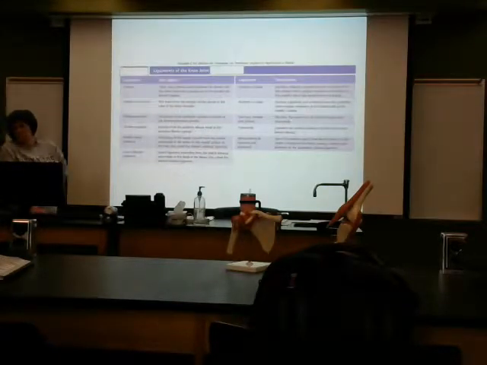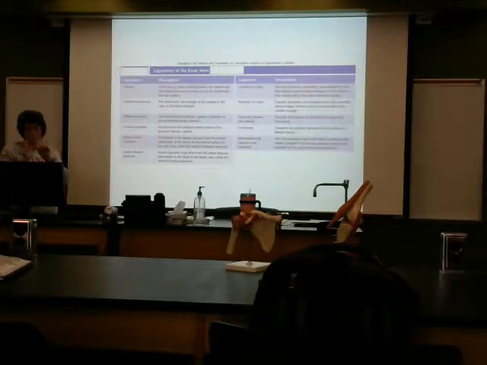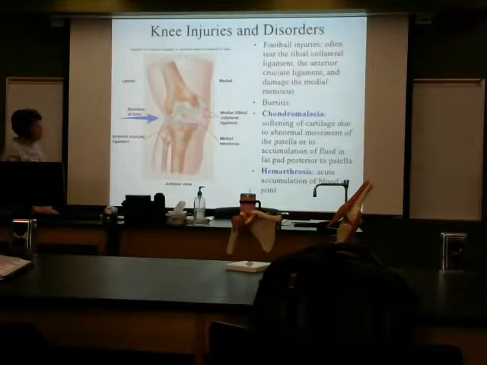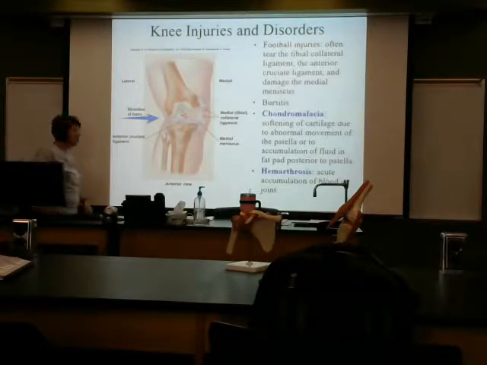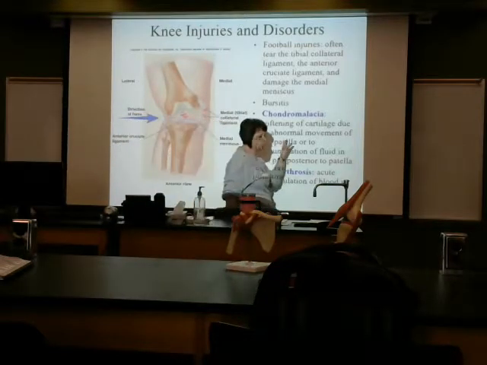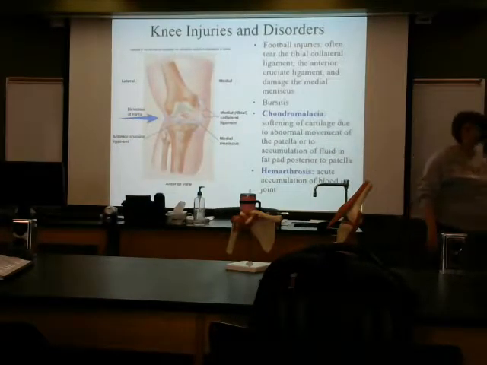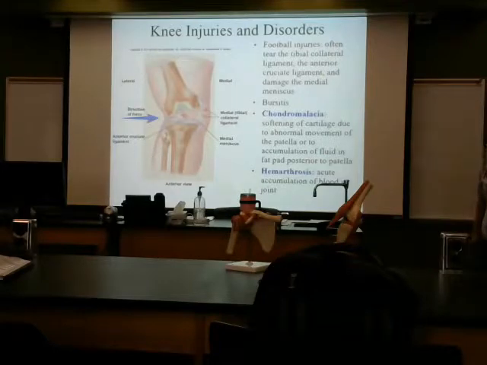Just a minor list of ligaments that are found in the knee. Knee injuries and disorders. Injuries are a huge one. One of the things that does happen is both the bone as well as the cartilage begin to soften in the knee.